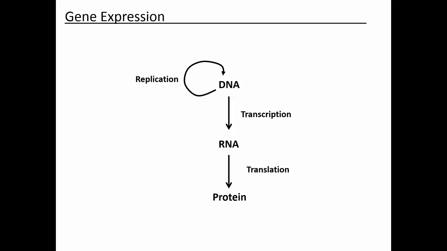Okay. And so for this class, when we talk about a gene, we're going to use the definition that a gene is a segment of DNA that codes for a protein.